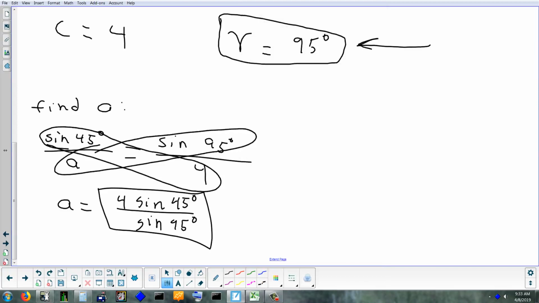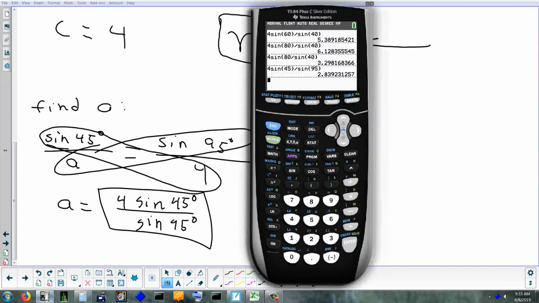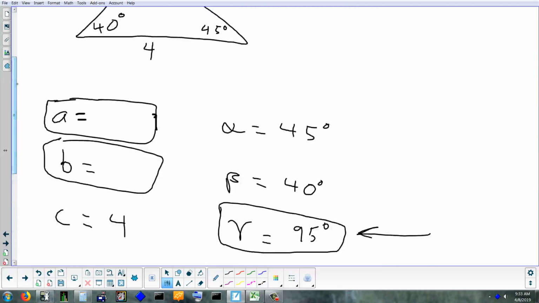But you've got to move that sine 95 over to the other side. You can write out that middle step if it helps when you cross multiply. 4 sine 45 equals A sine 95. But I usually just jump right to the final part. You can write it out. Okay. So we get 2.839. Okay. Seems reasonable.